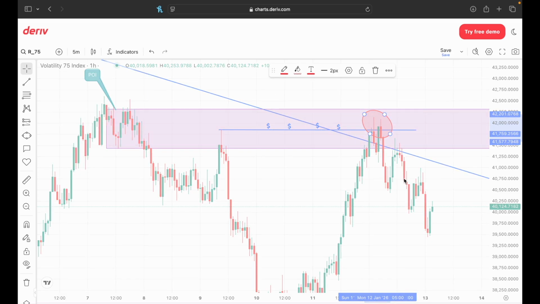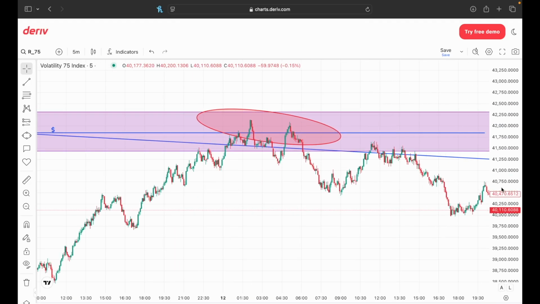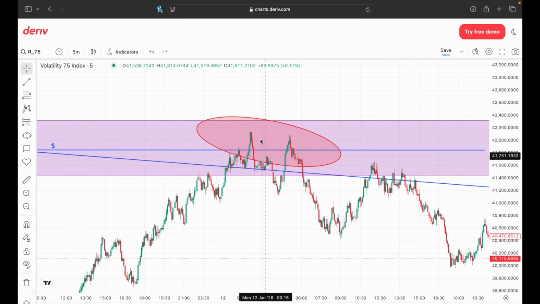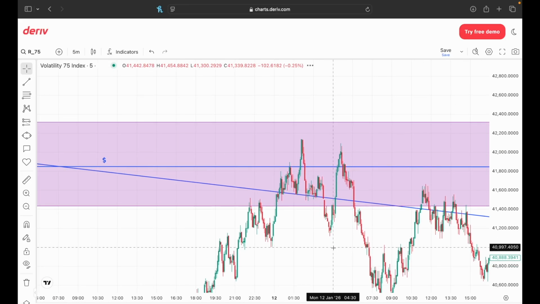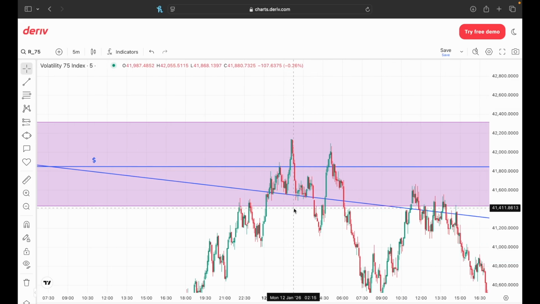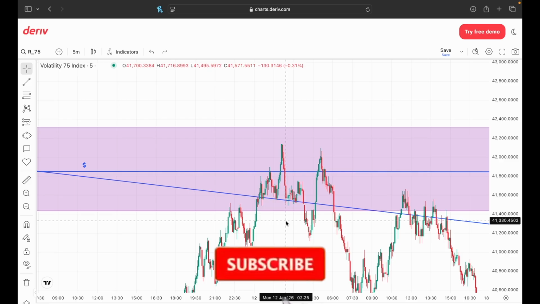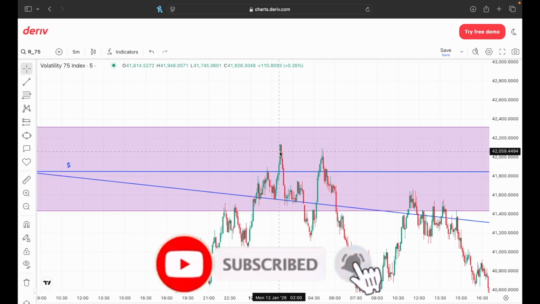My entries are usually on the 5 minute time frame. So this is what I saw. Price took liquidity, and we had this spike to the upside, and then sudden displacement down.